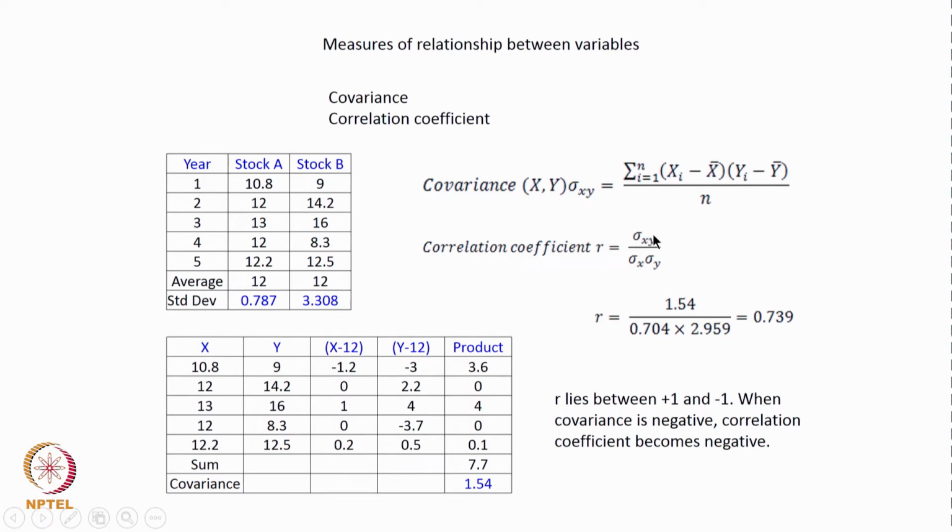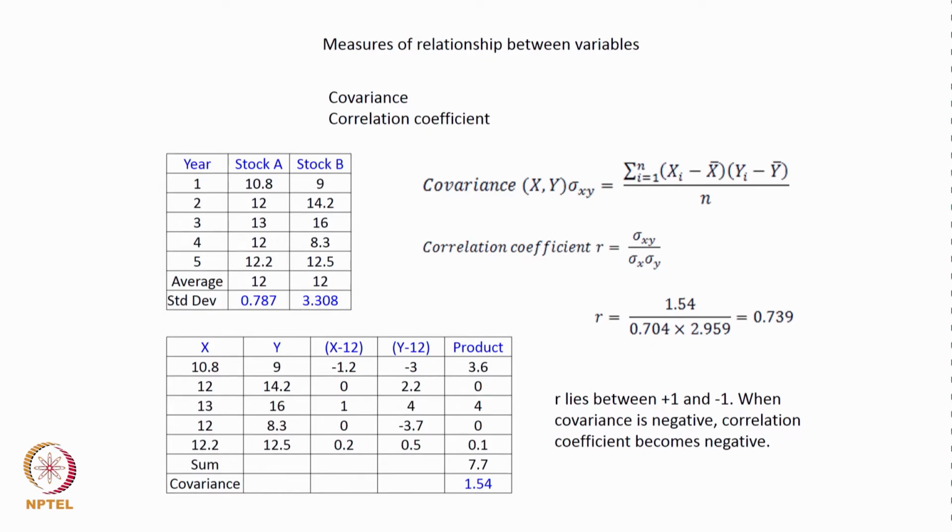We already have the standard deviations of x and y calculated, and therefore, we define another measure called correlation coefficient given by r, which is sigma xy divided by sigma x sigma y. Now, in our computation, r is 1.54 divided by 0.704 into 2.959, which is 0.739.